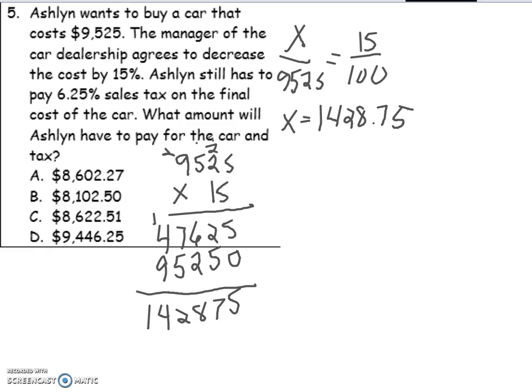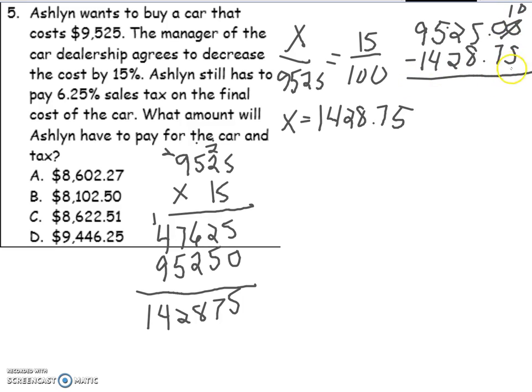All right, and then from there, we need to figure out how much it decreased by. So 9,525 minus $1,428.75. 10 minus 5 is 5. 9 minus 7 is 2.